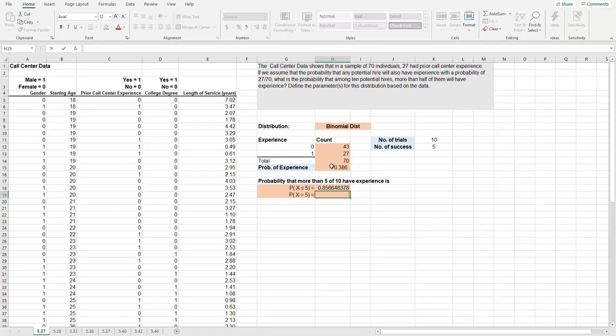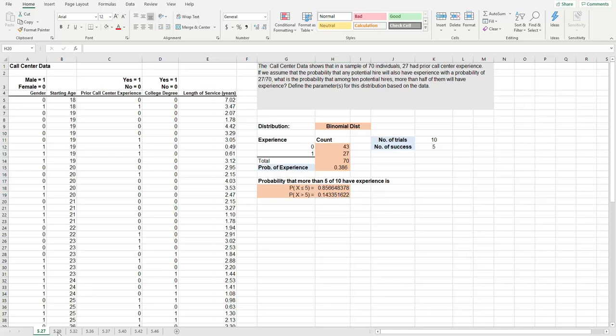So now we can calculate the probability of getting more than 5 by simply subtracting the probability of getting at most 5 from 1. And that way we can calculate the probability of getting more than 5 people with prior call experience out of the 10 potential hires.